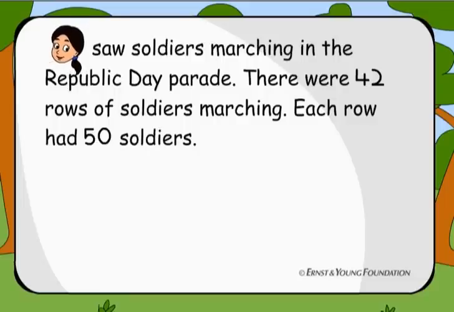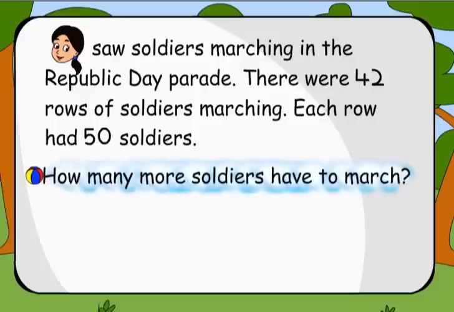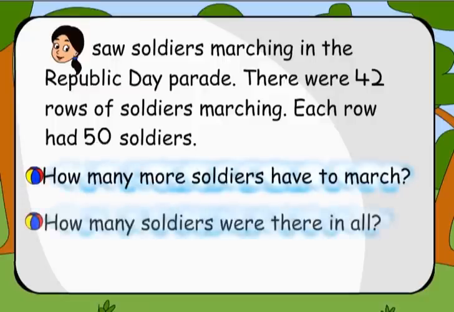Sheila saw soldiers marching in the Republic Day parade. There were 42 rows of soldiers marching. Each row had 50 soldiers. How many more soldiers have to march? Or how many soldiers were there in all?